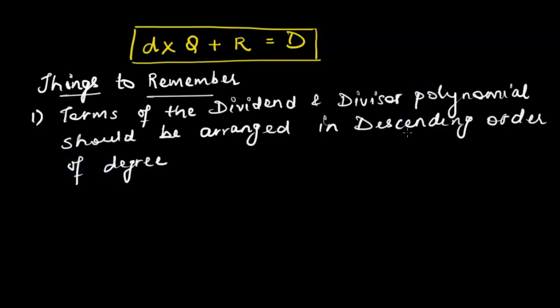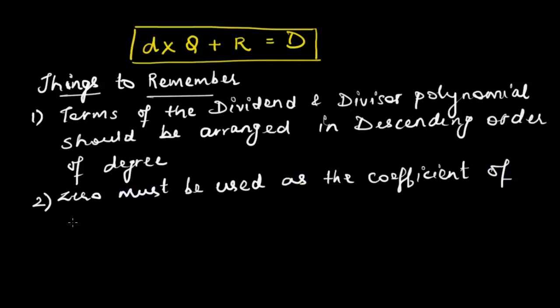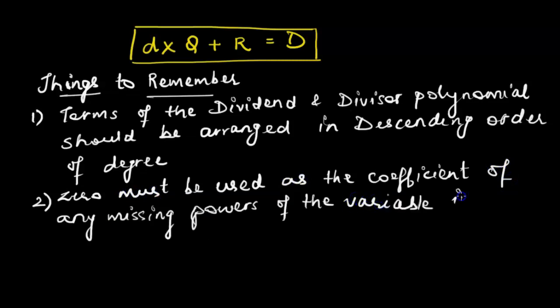Descending means highest to lowest degree, or highest to lowest power. This step is important just to make our division easier. The second thing to apply is that 0 must be used as the coefficient of any missing powers of the variable in both the divisor and the dividend.